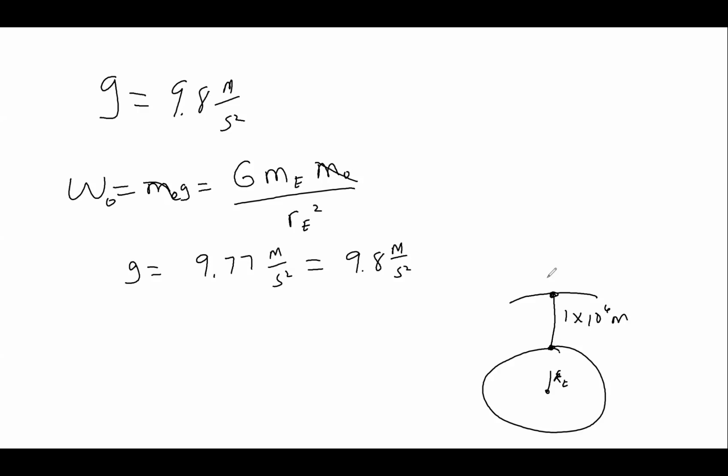Because the further you get from the Earth's surface, the object has to have less weight, same mass, less weight. Now g is the acceleration due to gravity. g gets smaller, therefore the weight gets smaller. But what's the value of g? Well, the only thing that's changing in this problem is the radius. Where is the object? The object is no longer here, where R is the radius of the Earth. The object is here.